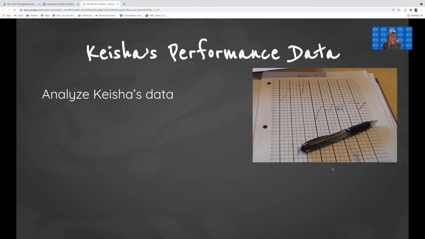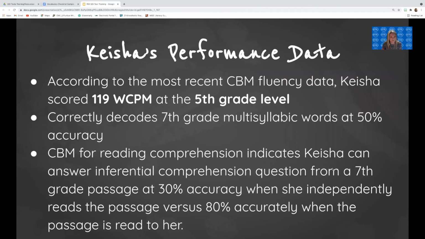So let's look at her data here. Her most recent CBM fluency, she has 119 words correctly per minute at 5th grade. So we said she's in 7th, so she's on the 5th grade level there.